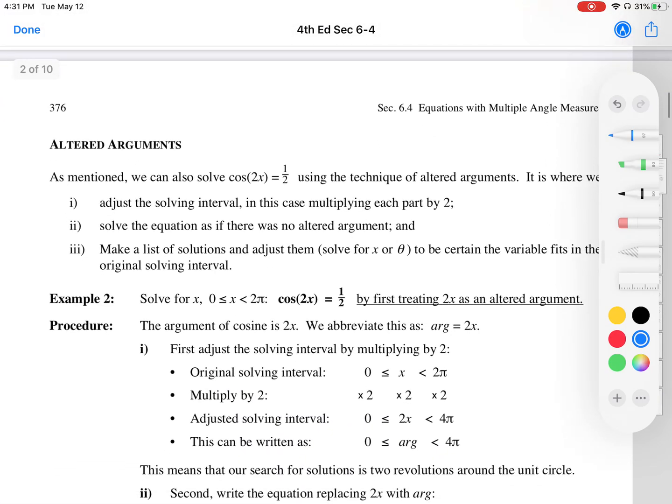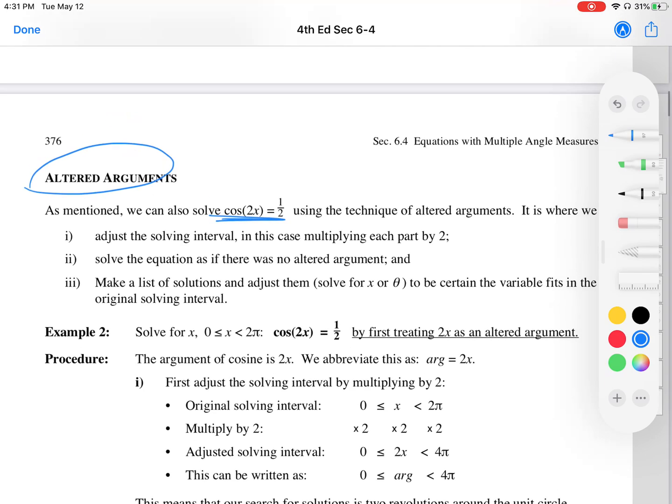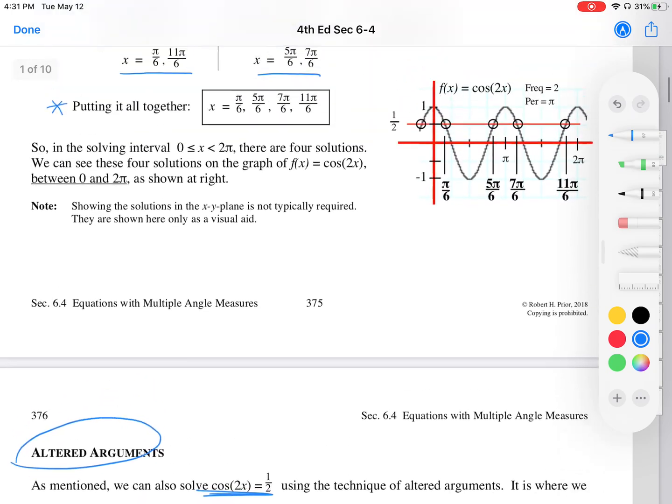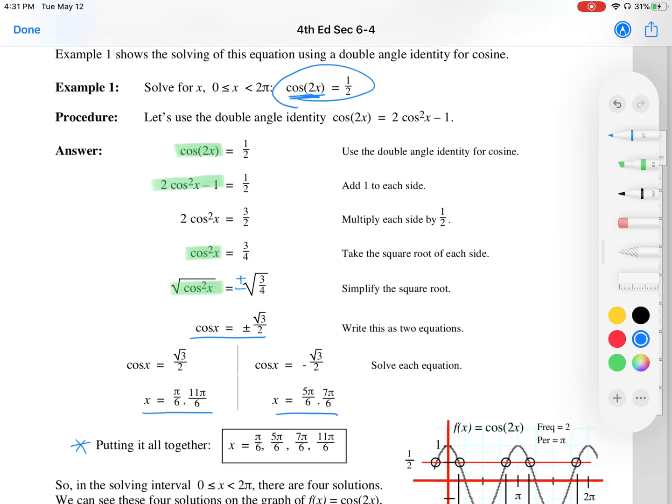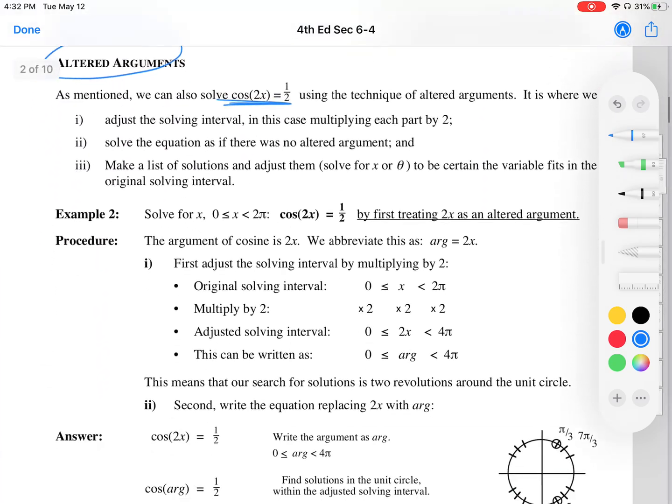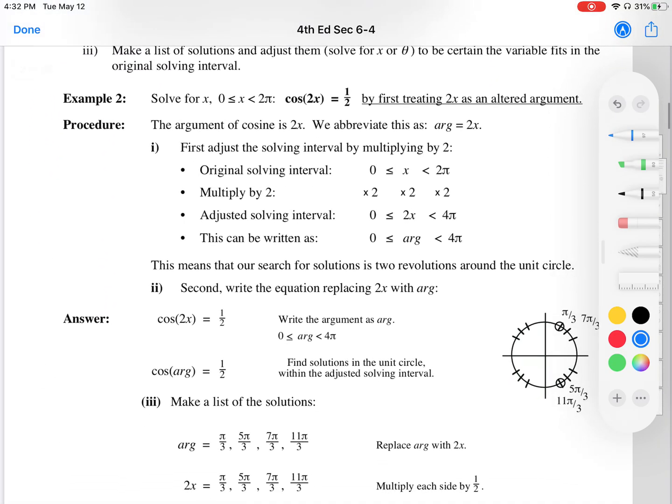Now we can also do this same problem using altered arguments, cosine of 2x equal to 1/2. So let's do the same problem. Here we did an identity. And here we'll do altered arguments, where we set this to be arg for argument, and we alter our interval.